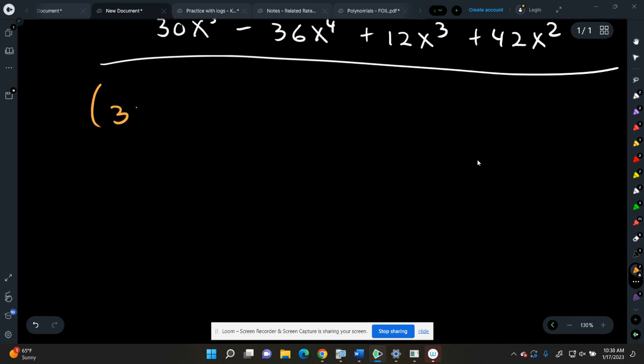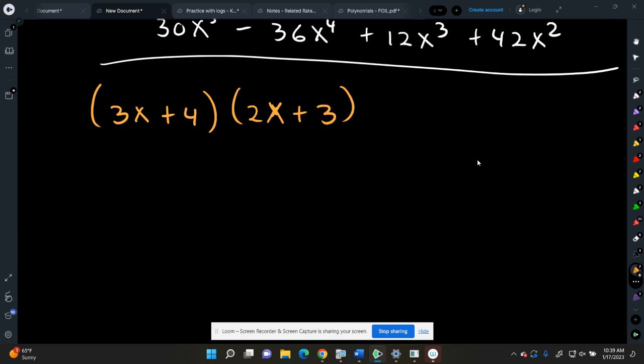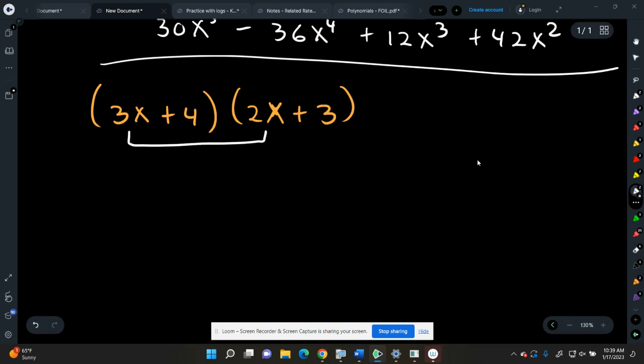So let's say we have 3x plus 4 times 2x plus 3. We're still going to distribute. When we distribute these, we take this first number and we multiply it by everything in the other parenthesis.